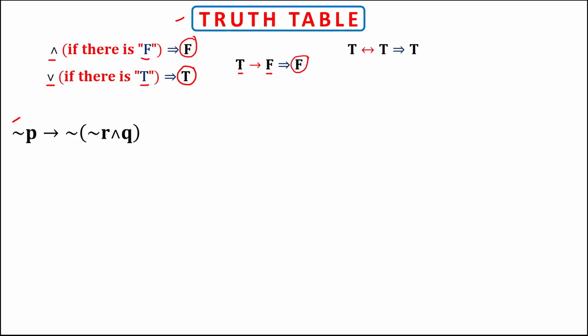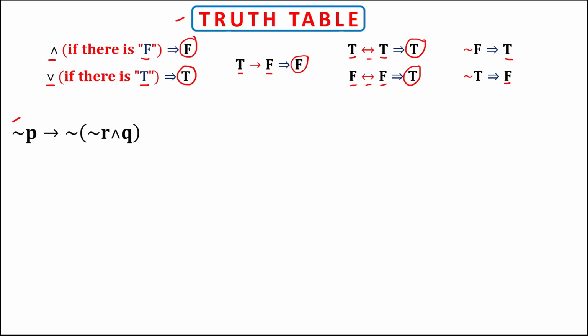Then for this biimplication or double arrow, if the values are the same, then the truth value is true. Then for this negation, not false, that's true, and not true, that's false.